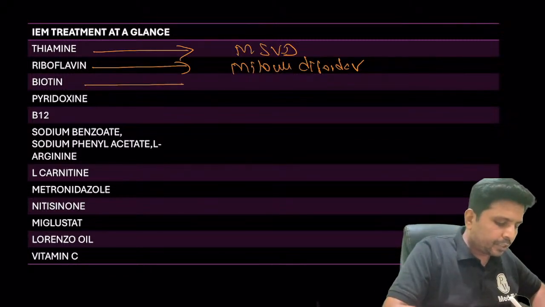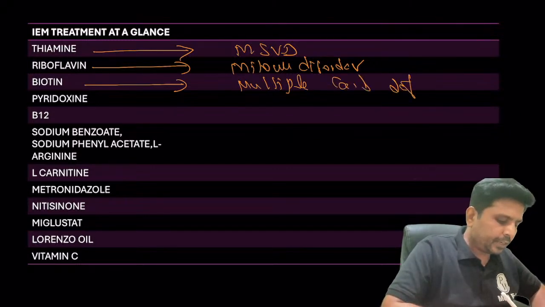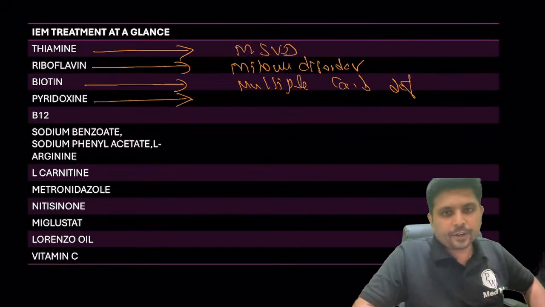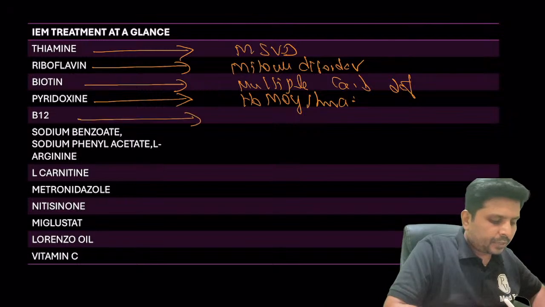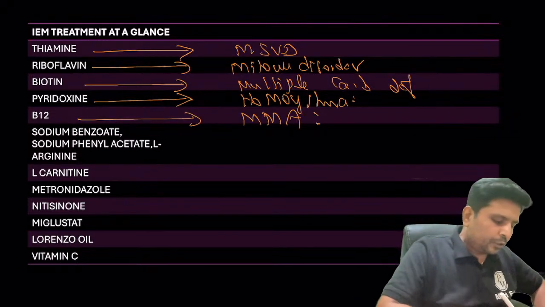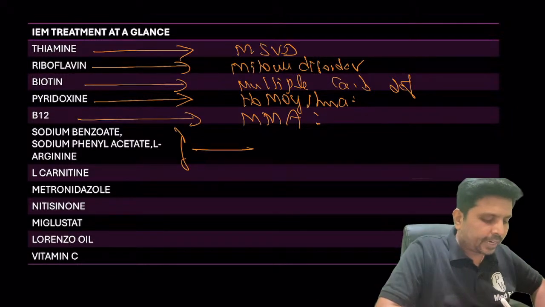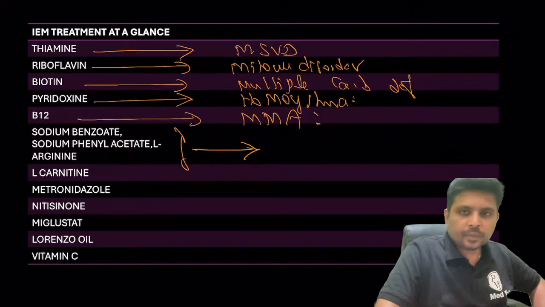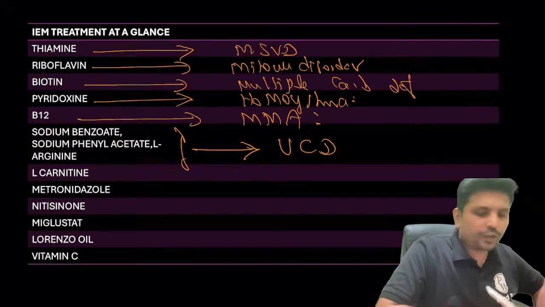Biotin is used in multiple carboxylase deficiency. Pyridoxine is used in homocystinuria. B12 is used in methylmalonic aciduria. Sodium benzoate, sodium phenylacetate and L-arginine are used in urea cycle disorders.